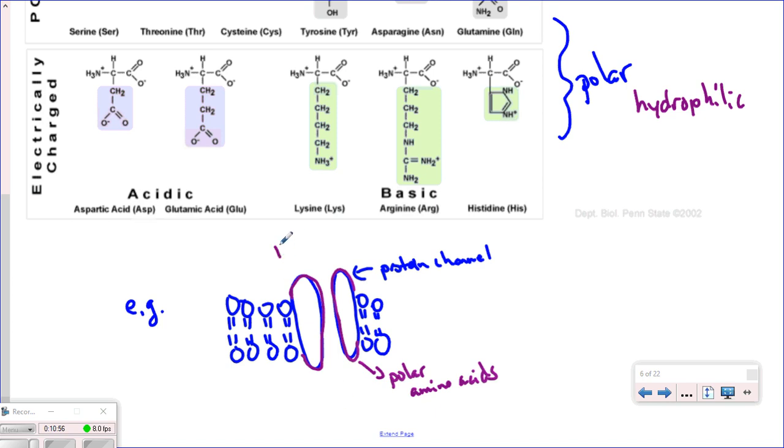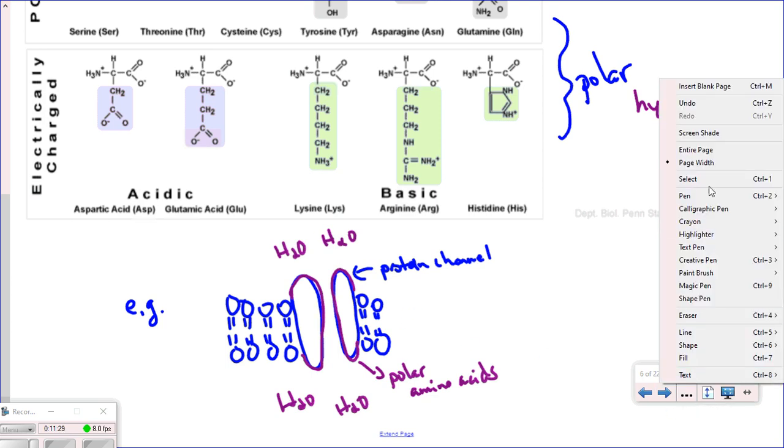And remember that in that extracellular environment, there is a lot of water, and even inside the cell, there is going to be a lot of water. So the amino acids that you want in contact with that aqueous environment, that environment containing water, would be water-loving amino acids. So you'd find more polar amino acids on the outside of that protein channel in contact with water.